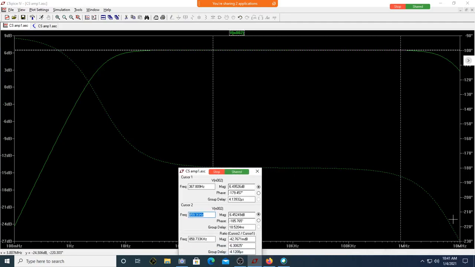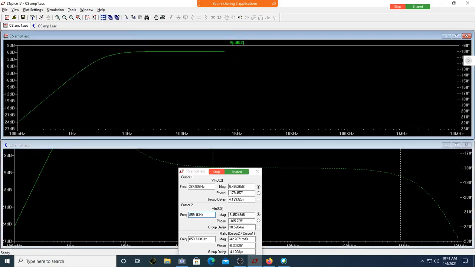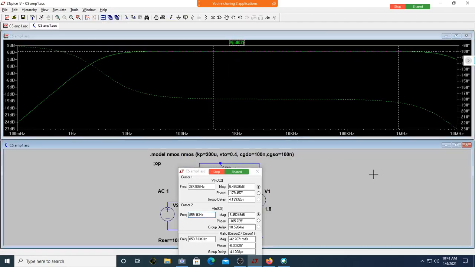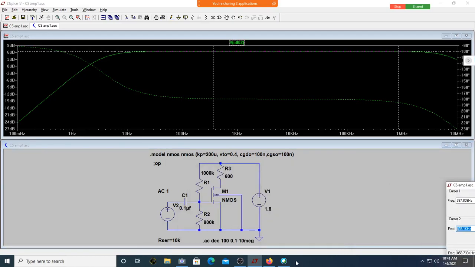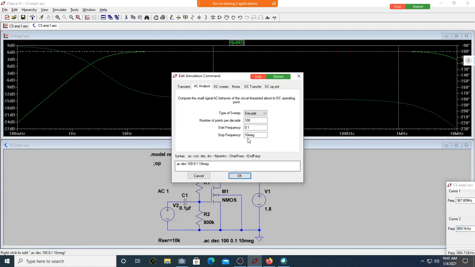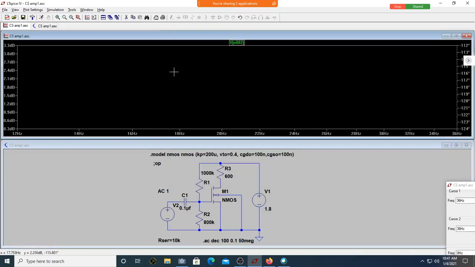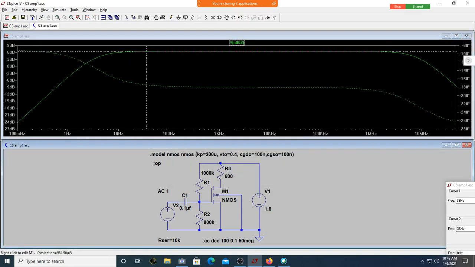Let me just simulate for a much larger frequency. I have to go to this and increase the end frequency from 10 megahertz to maybe 100 megahertz or maybe 50 megahertz. Getting the point? Let me run it again.